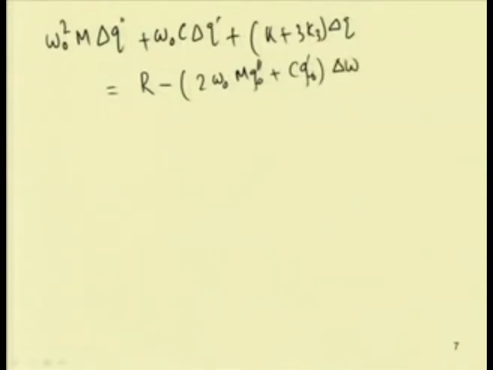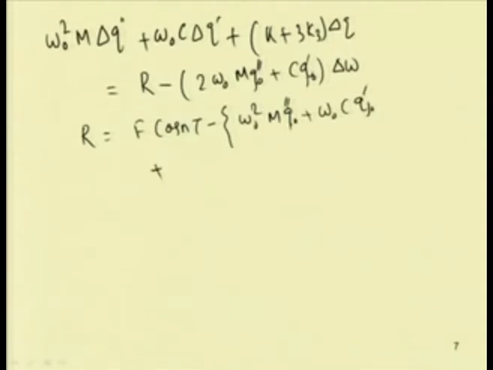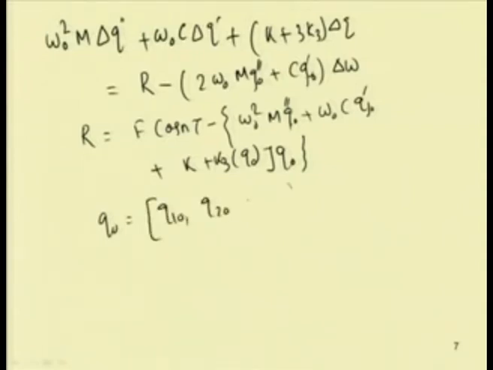Here r can be written as the residue, that is f cos n tau minus omega 0 square m q j 0 double dash plus omega 0 c q j 0 dash plus k plus k 3 q 0 into q 0. Here, for a multi-degree of freedom system, one can write q 0 as nothing but q 1 0, q 2 0 up to q m 0.